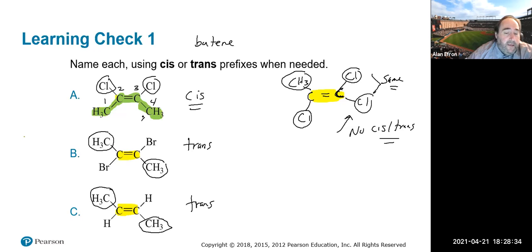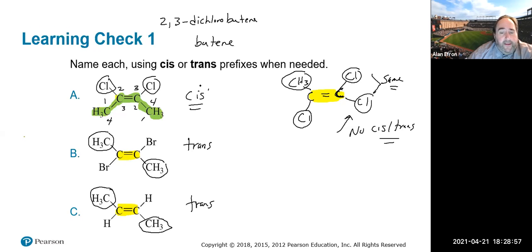By the way, if you went the opposite way, you end up with the same numbers. So it doesn't really matter in this particular case. And that's at carbon 2 and 3, which means this would be 2,3-dichloro butene. Question on that name.